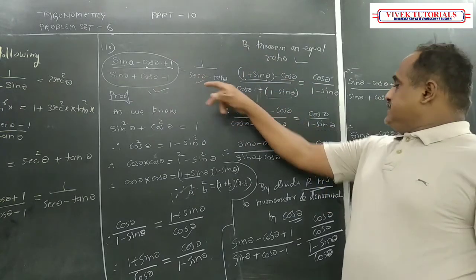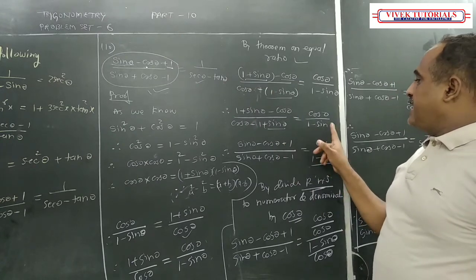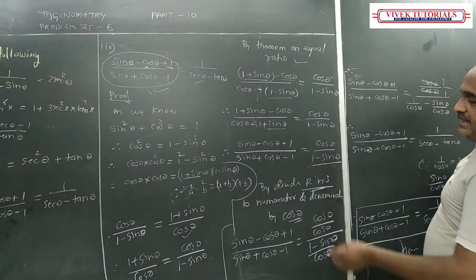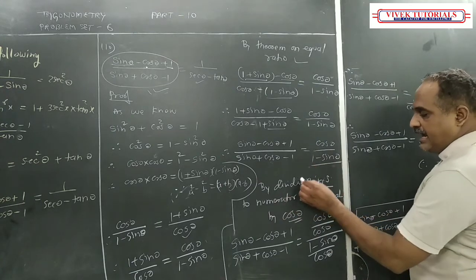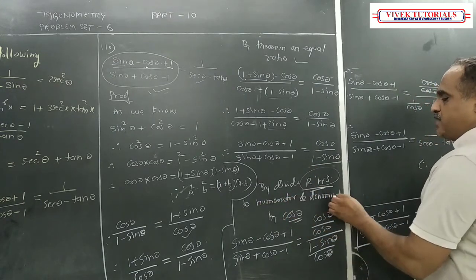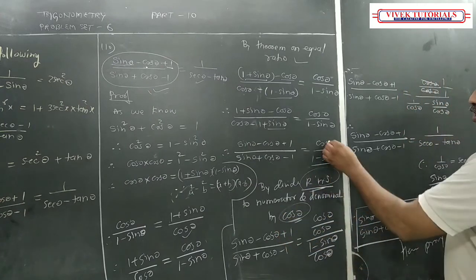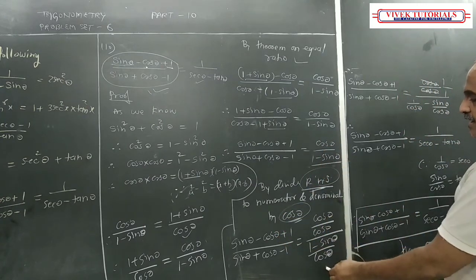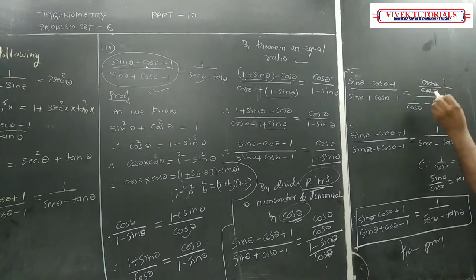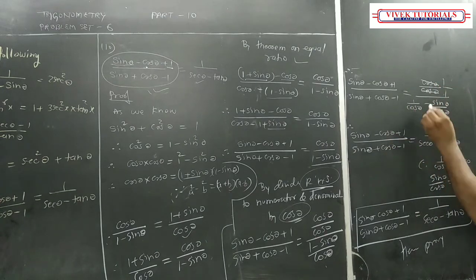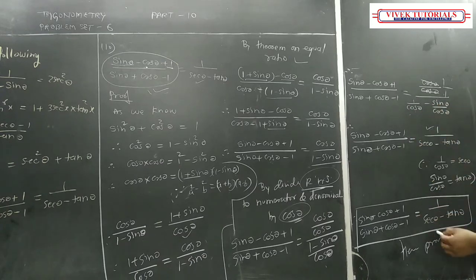That's why I divided only the right hand side, numerator as well as denominator, by cos theta. So cos theta upon cos theta gets cancelled, we got 1, and I have separated it: 1 upon cos theta is sec theta and sin theta upon cos theta is tan theta. Students, see how this question needs a little written practice, only then will it come.